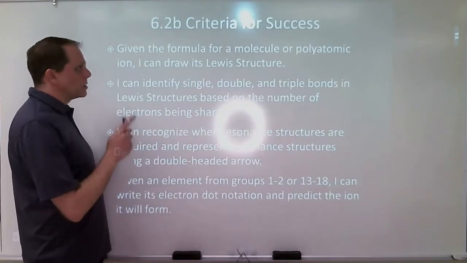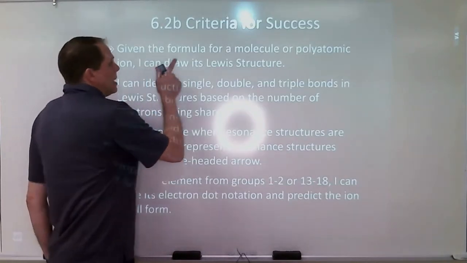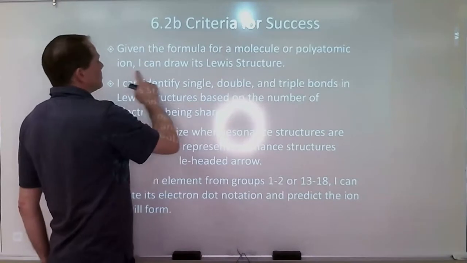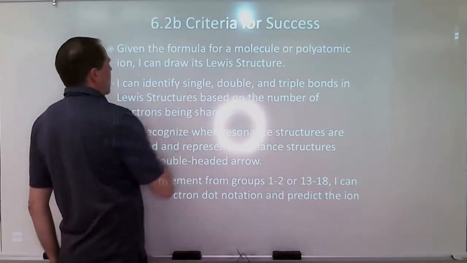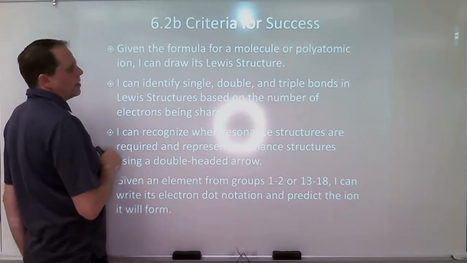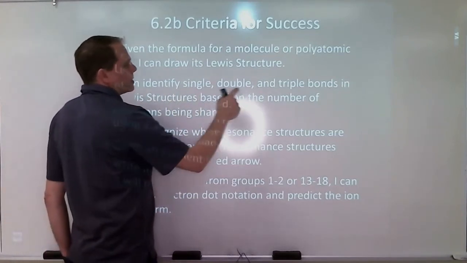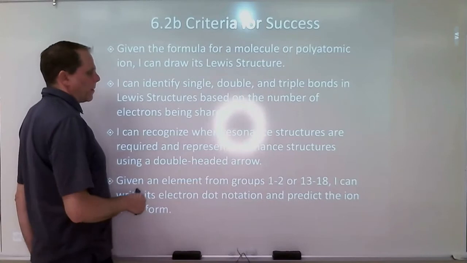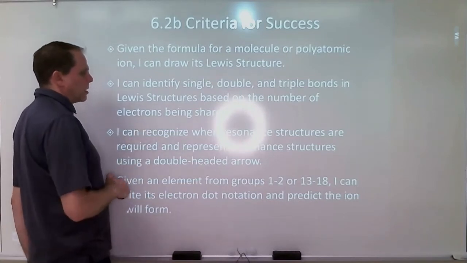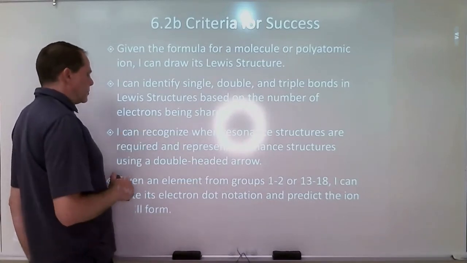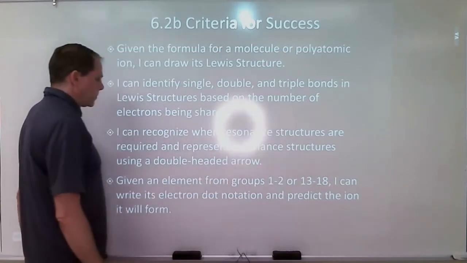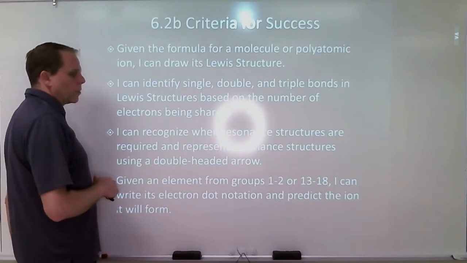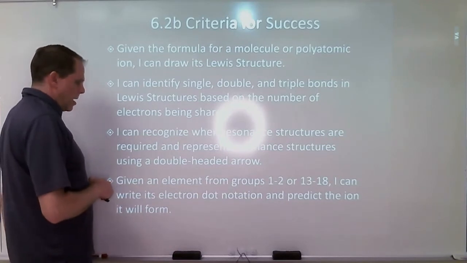So you're successful today if you can write a Lewis structure if I give you a formula for a molecule or a polyatomic ion. You are successful today if you can identify where the single, double, and triple bonds would be, all right, and how many electrons are being shared in the Lewis structure. You are successful today if you can recognize a resonance structure and when a resonance structure would be required, okay?